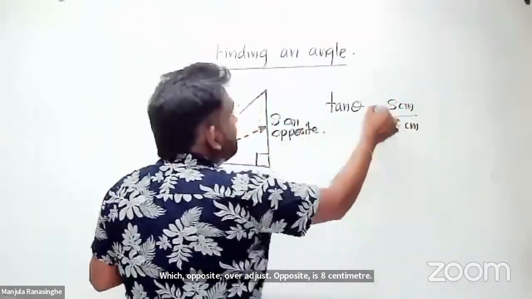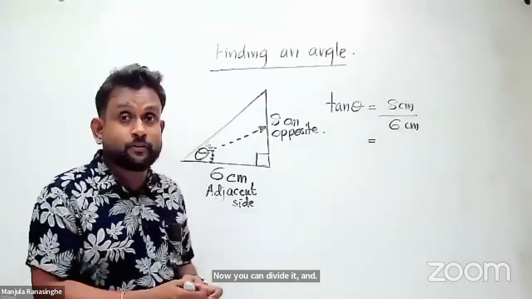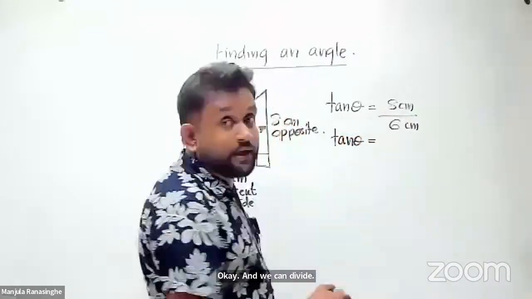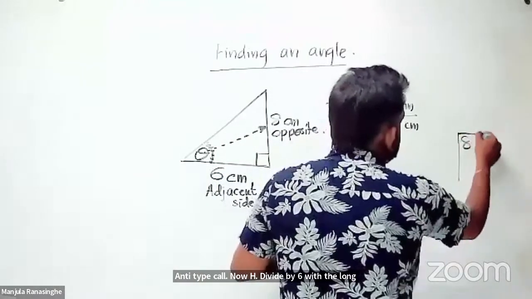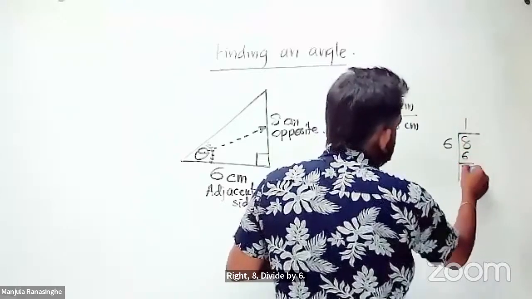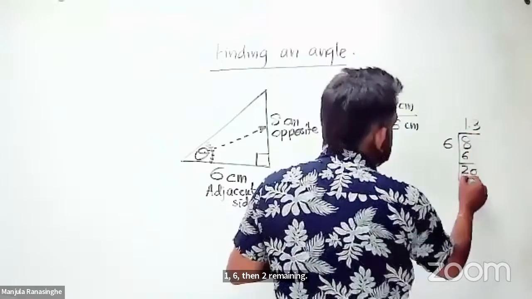Now you can divide it to get the tan theta value. Tan theta equals 8 divided by 6, which you can do with long division. 8 divided by 6: 6 ones are 6, then 2 remaining, then 20.